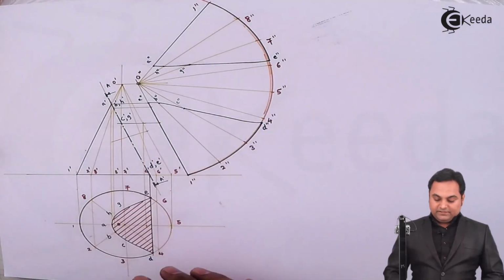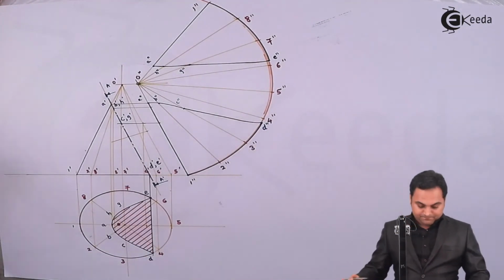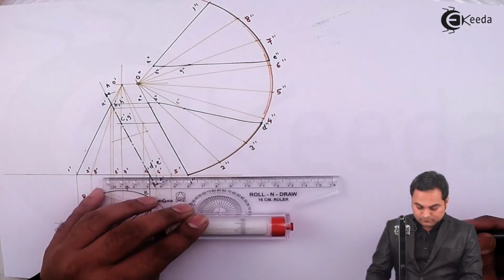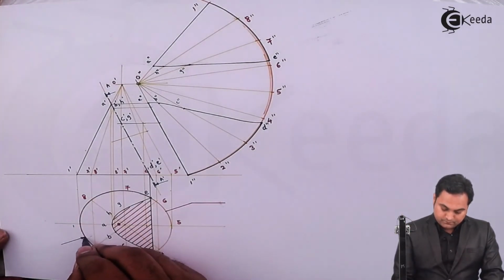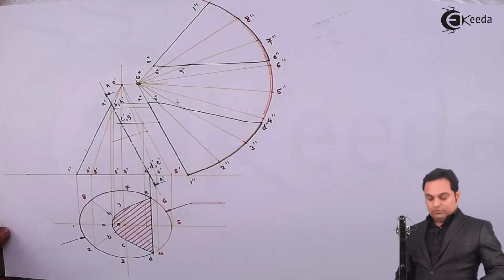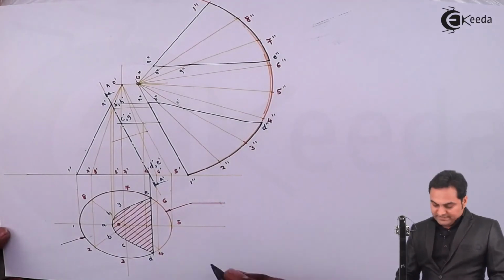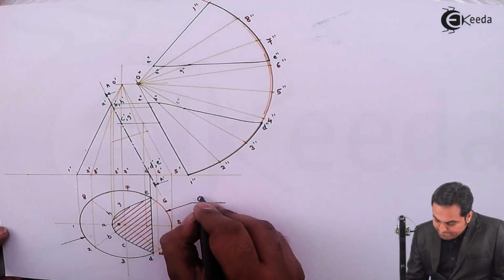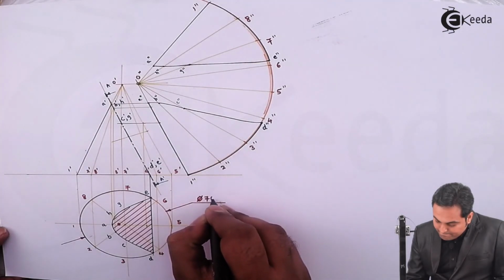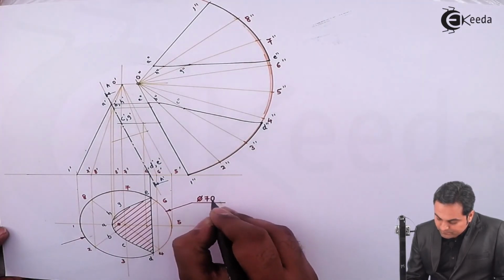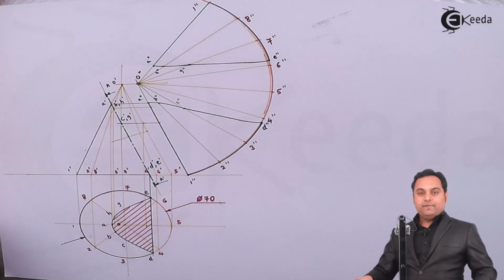Next, after completing this, here I'll give the dimensions. The diameter of the cone is given, it was 70 mm, and the height was 90 mm.